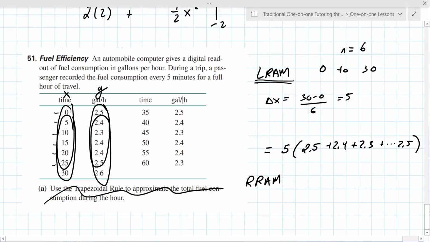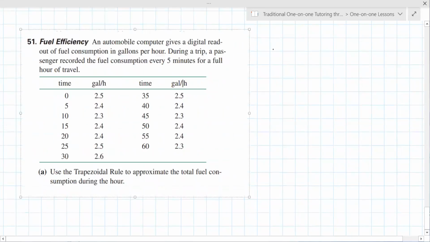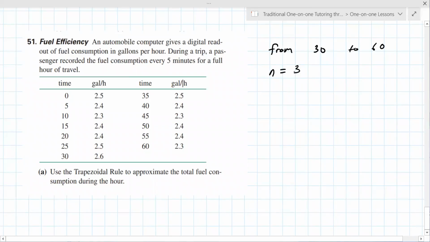Trapezoidal rule, do we need to cover that, or do you think that is excluded? It's on the test. It is. Okay, so let's do this with trapezoidal. I'm going to recopy down. Let's go from 30 to 60. And we'll go n equals 3.